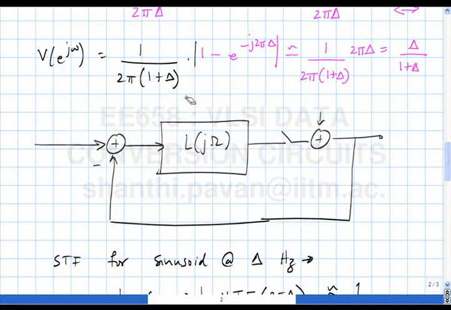So the various states are sampled and then you apply control through that. Even though the main plant is analog, a lot of the control is done based on sampled data signals.